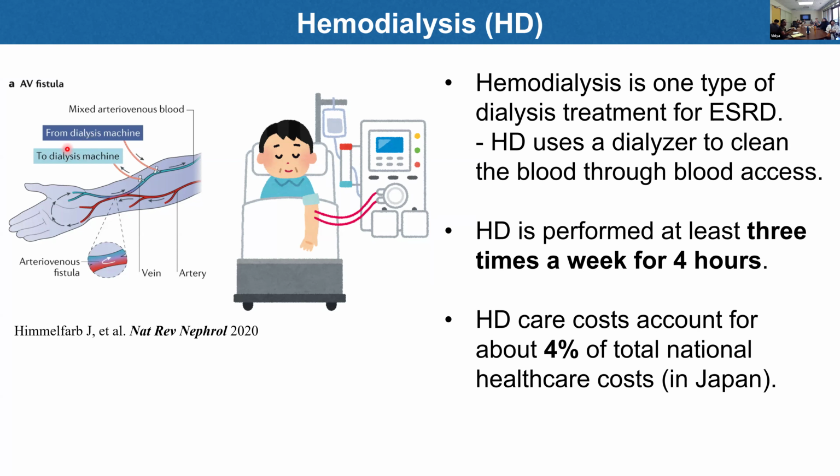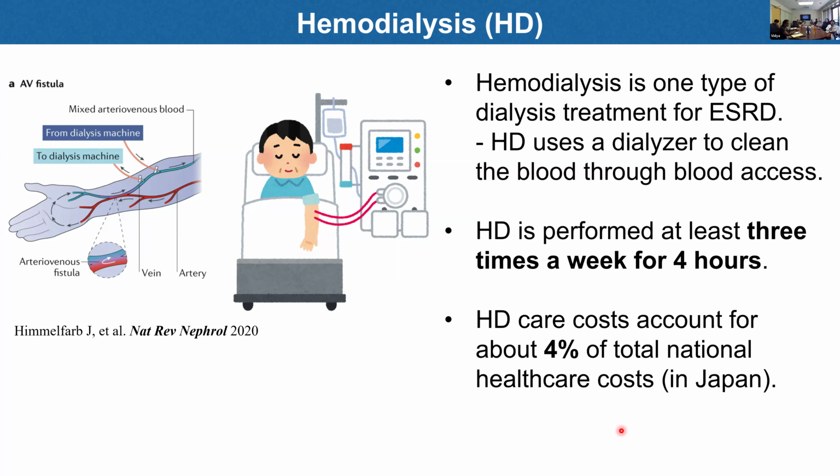But in spite of the blood access, the patient needs to receive hemodialysis at least 3 times a week for 4 hours each time. That means all patients need to get the surgery and then go to the hospital 3 times per week forever. That is hard, not only on the patient, but on the family and the medical staff.